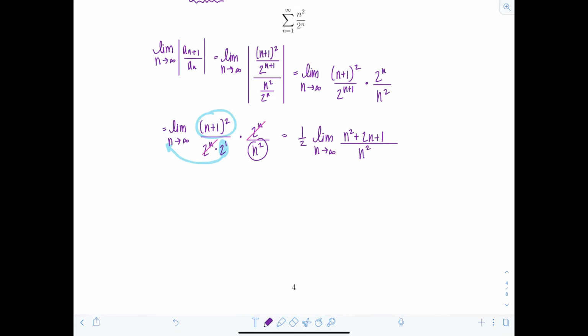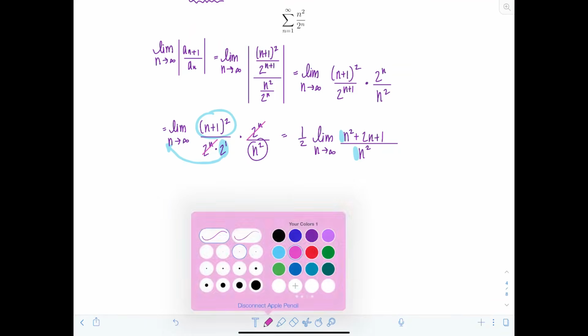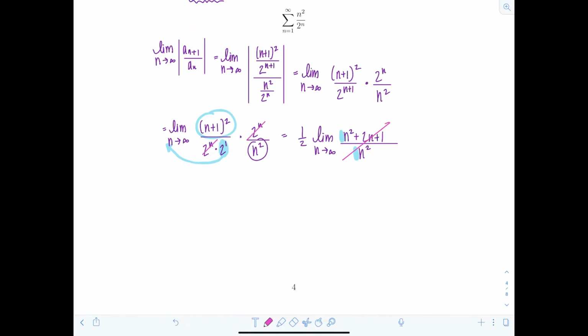Now let's evaluate this limit. Notice the highest degree in the numerator is 2, highest degree in the denominator is 2. So I'm just going to take the ratio of the leading coefficients, and that's going to give me 1. So the limit of this expression as n approaches infinity is 1, and so I'm left with just 1/2 times 1, which is 1/2.